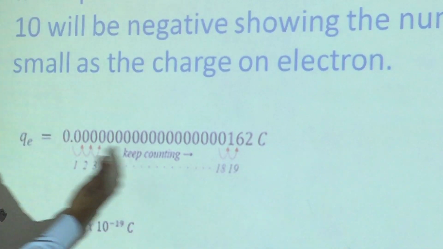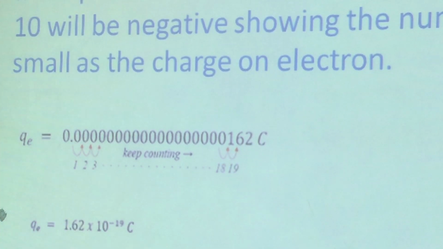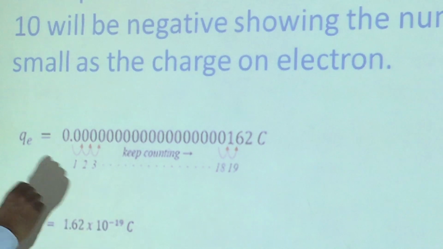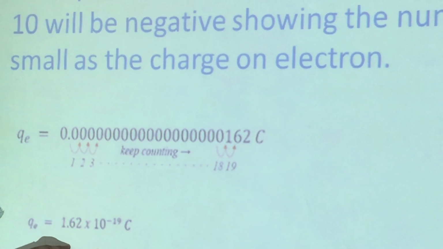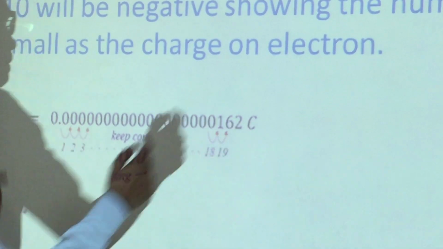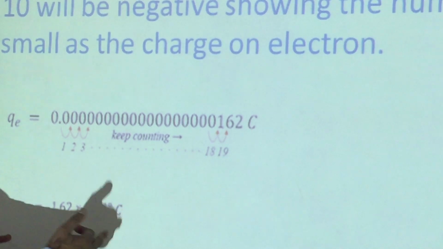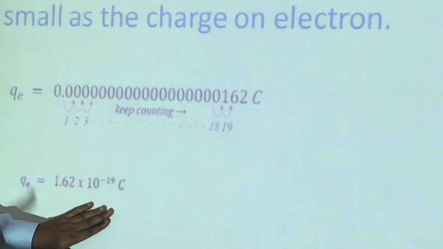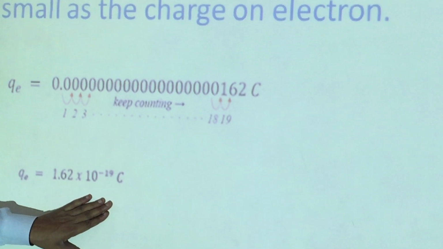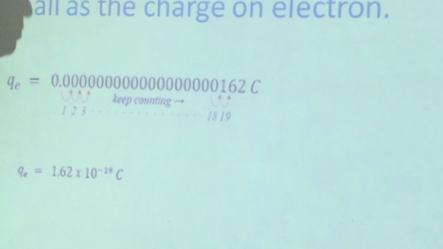When the point moves the other way, the power of 10 will be positive, right? So 1.62 times 10 raised to the power minus 19 coulomb is the scientific notation. A very small number is represented like this. This is how we write very big or very small quantities in scientific notation.